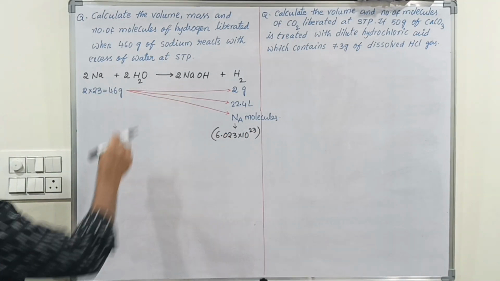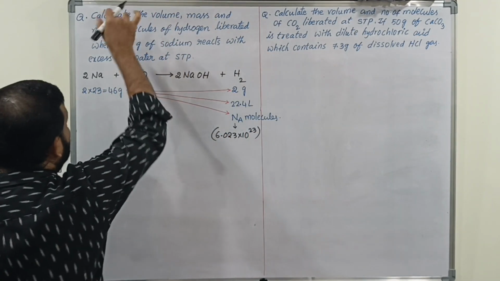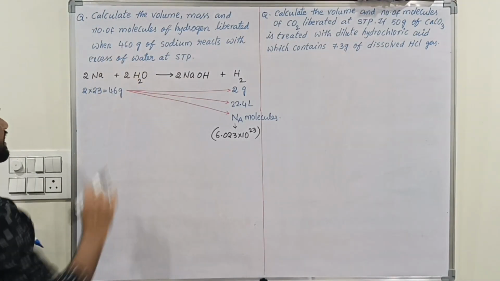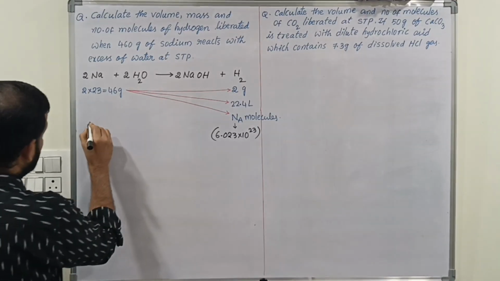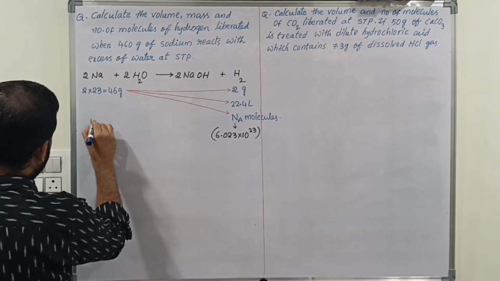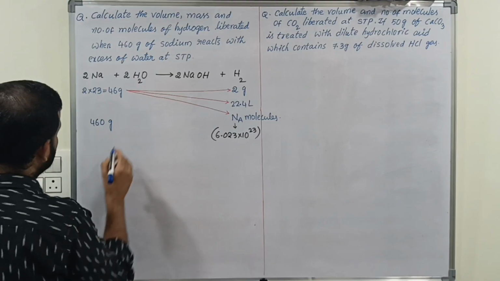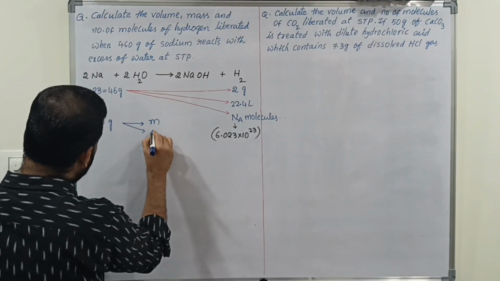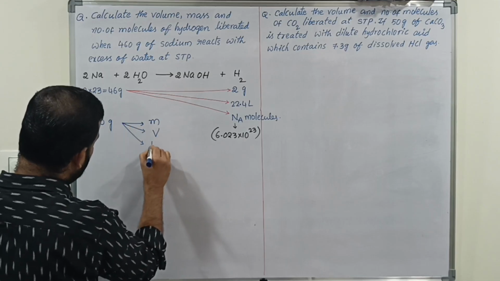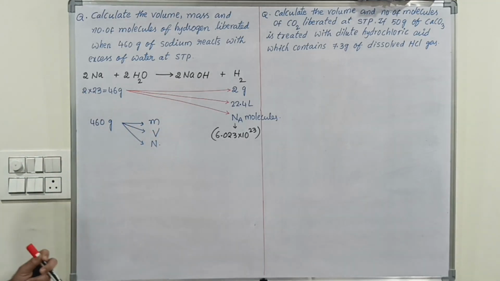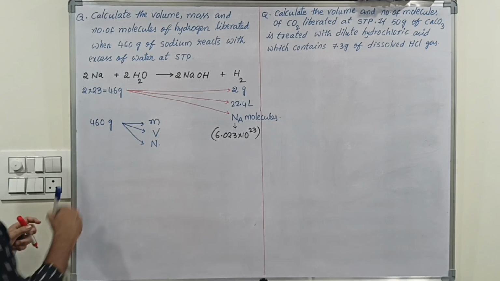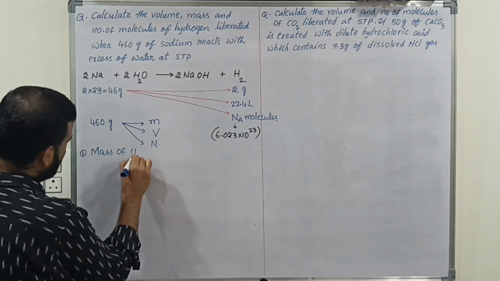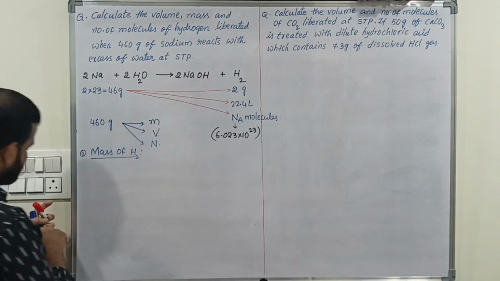So now we will find the volume, mass and number of molecules of hydrogen gas liberated when 460 grams of sodium reacts. So 460 grams of sodium gives how much mass, how much volume and how many molecules. We have to find out these three. The first one is the mass of H2 gas.